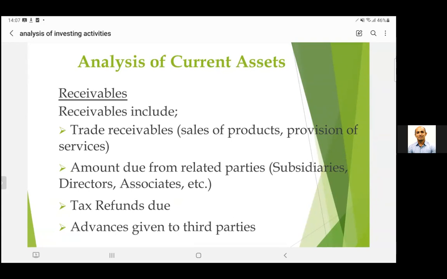So all are receivables. Usually these receivables are valued at transaction price.